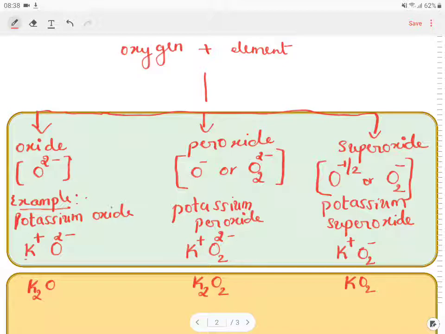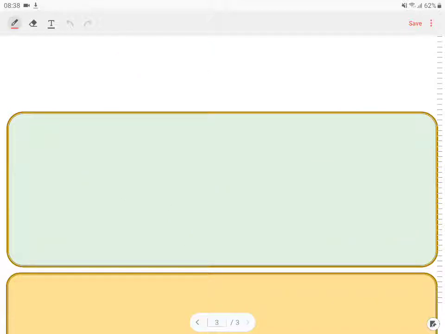And one more important thing is that oxygen can also show a positive oxidation state. That is possible only with fluorine. This is an exception, a very important note.